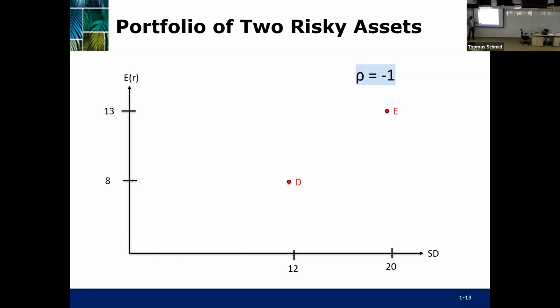So what we can relatively easily do, we can take the formula that we developed for that, set in the values, and calculate the expected return for this riskless portfolio. I don't know, somewhere here. Again, this is an illustration, not super precise, somewhere here. And then we just connect this point to D and E. So it's again a kind of 90% a lying down V. Okay? Okay, -1 case.